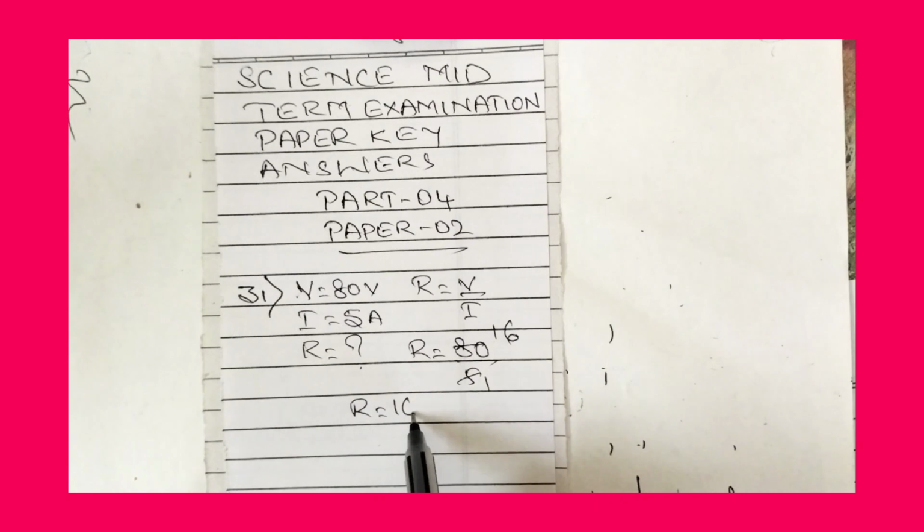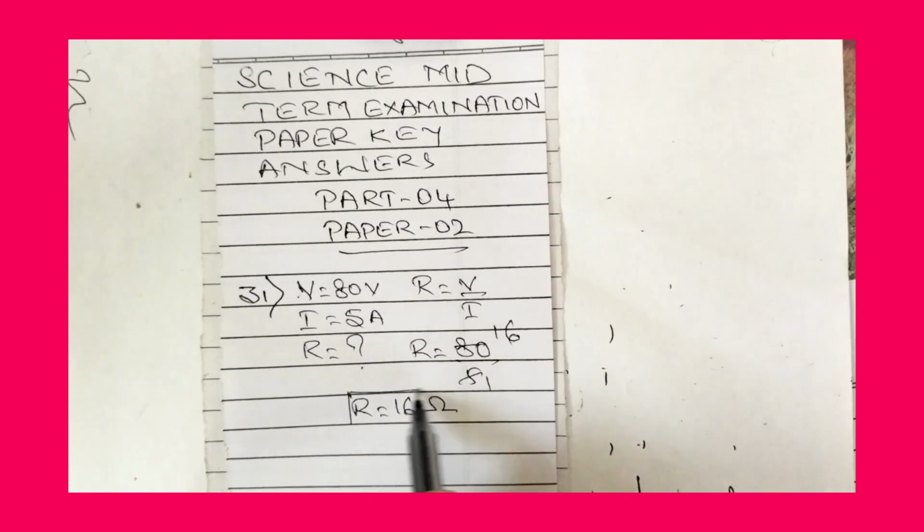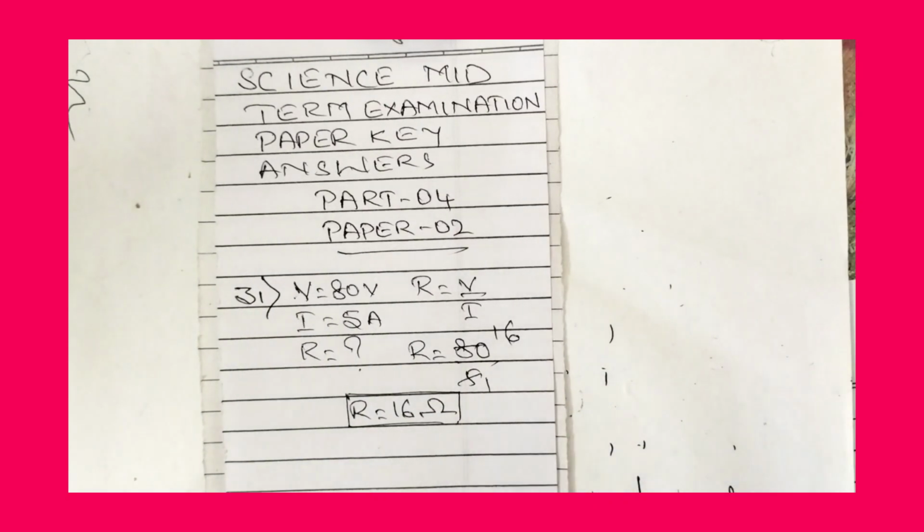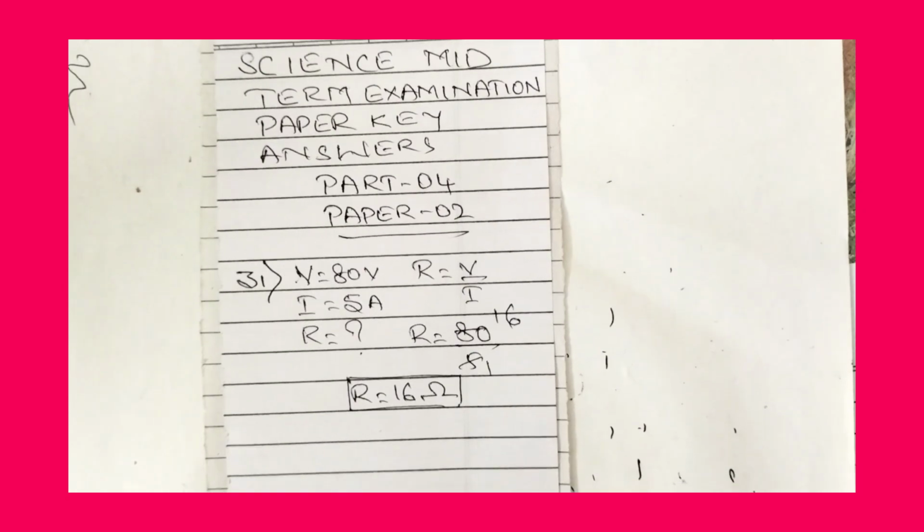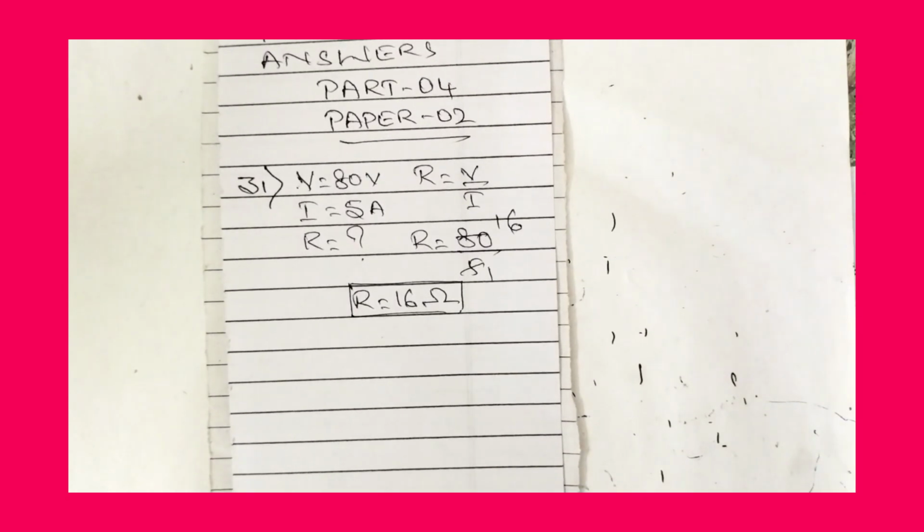So R is equal to 16 ohms. This is the resistance of the heater when it is connected to an 80 volts potential difference and draws a current of 5 ampere.